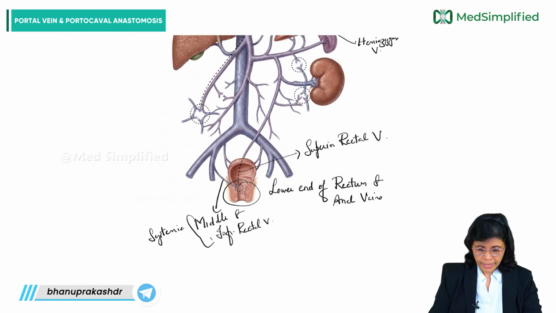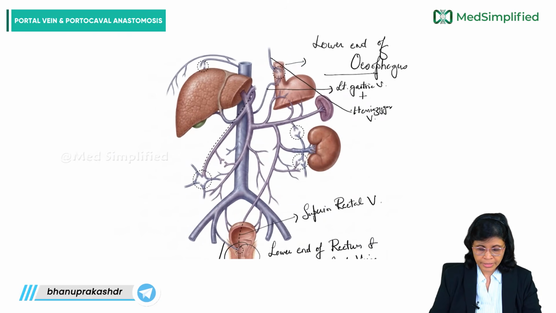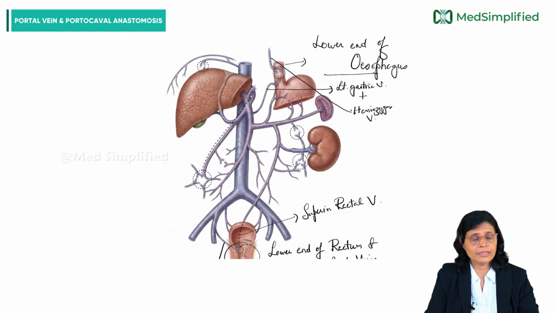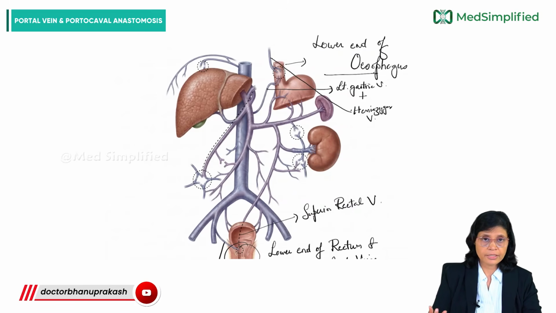And at the lower end of the esophagus in portal hypertension, the walls of these veins may rupture. They are thin walled as such, the tributaries of the veins, so they can rupture, and that can cause severe hematemesis. Hematemesis is vomiting of blood.